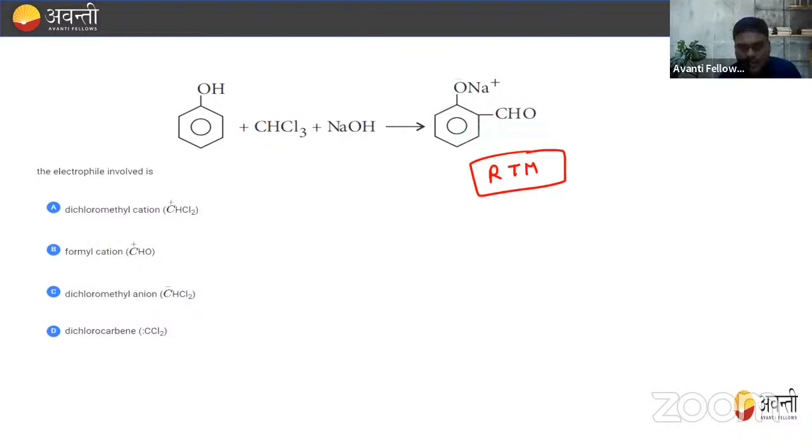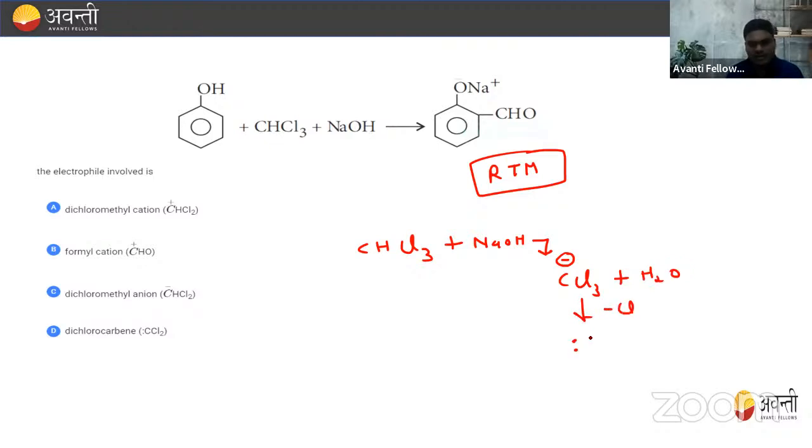Someone says B. Does anyone want to say something else? Okay, let me write the reaction so that you understand well. This is CHCl3. When it reacts with NaOH, it forms CCl3 negative and H2O, and here one chlorine is removed.